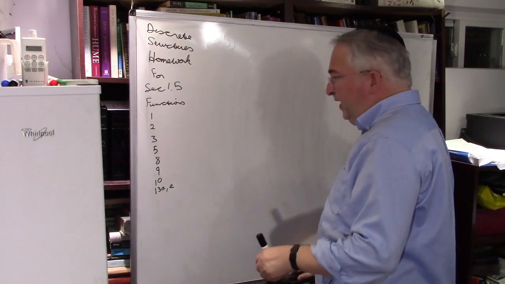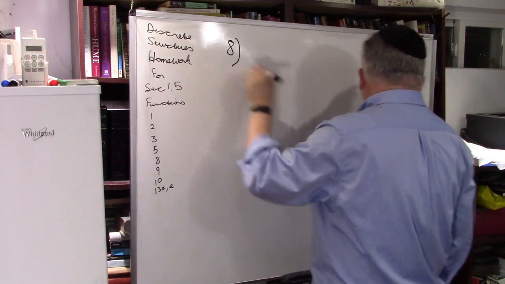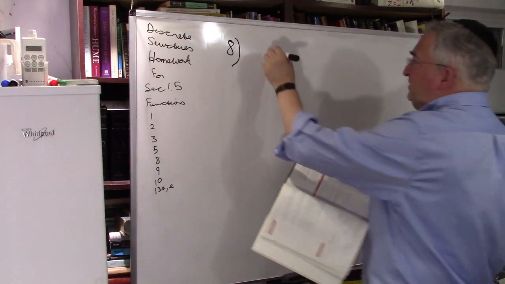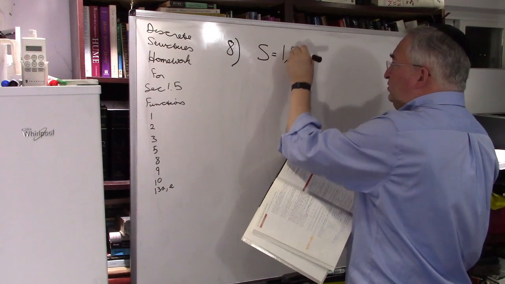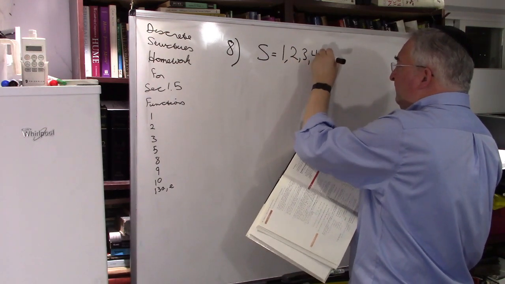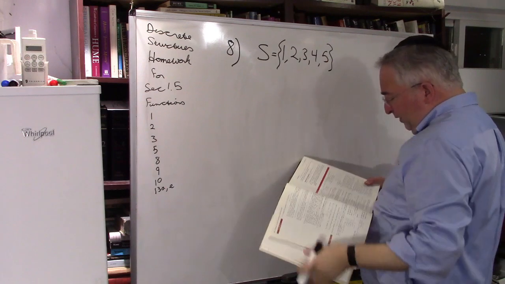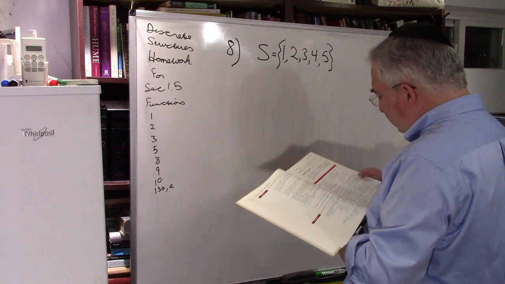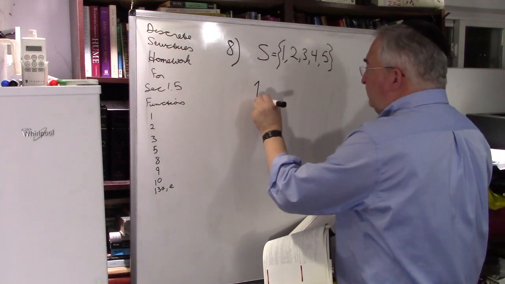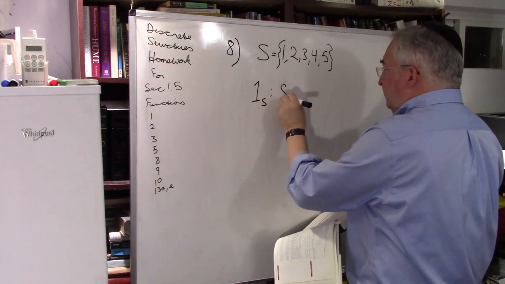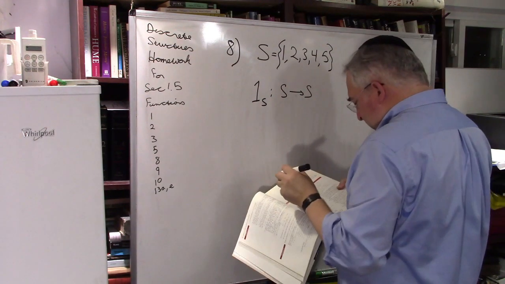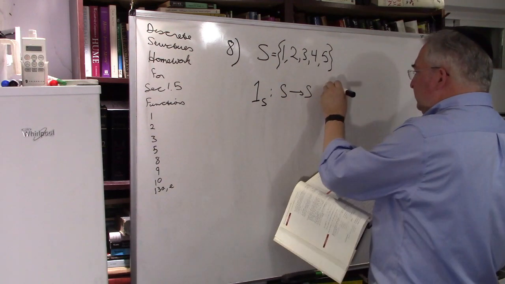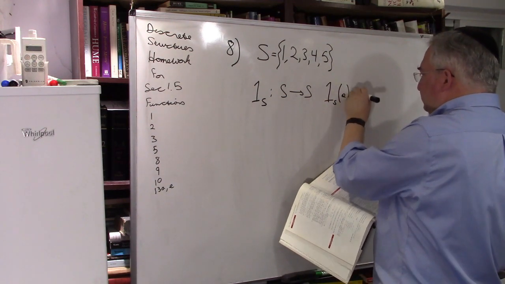Okay, great. Next, number 8. Let's read the problem. S is equal to {1, 2, 3, 4, 5}. Okay, and now it gives us 4 functions. The functions are as follows. The identity on S, which goes from S to S. Okay, 1_S, defined as 1_S of little s is equal to s.